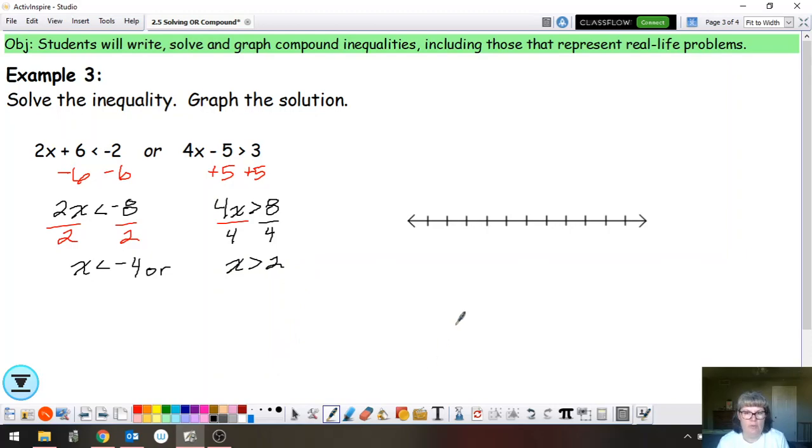So now I'm going to put those numbers on my number line. Negative 4 is the smaller number, so that needs to go on the left. 2 is the bigger number, so that needs to go on the right.